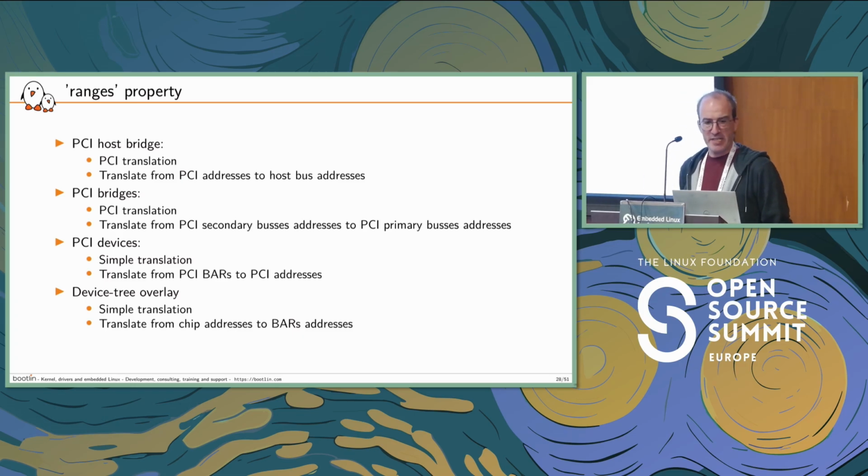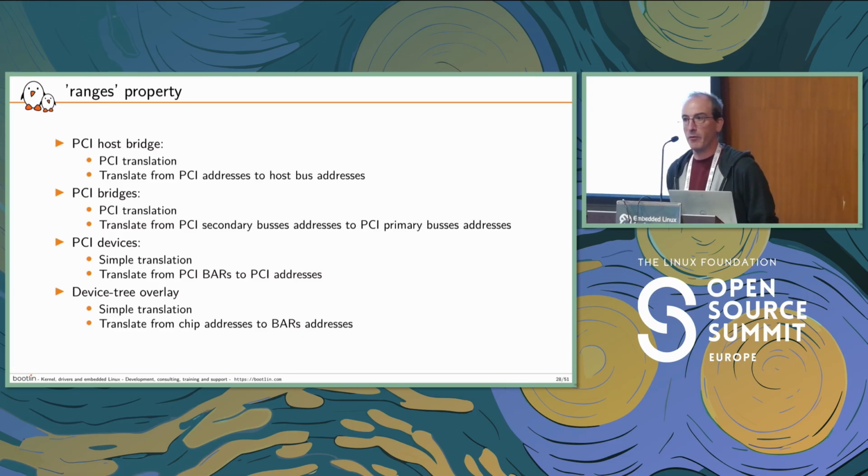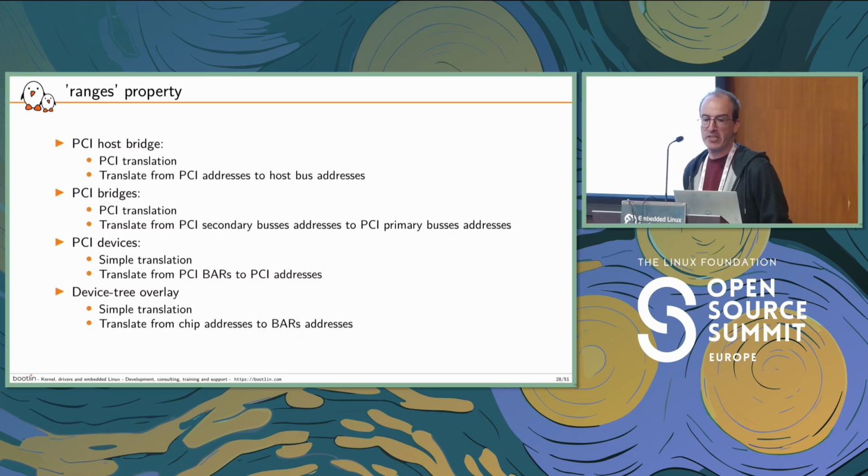So for these properties, on a PCI host bridge, we perform a PCI translation in order to translate from PCI addresses to host bus addresses. On a bridge, it is also a PCI translation, and we translate from the secondary bus addresses to the primary one.